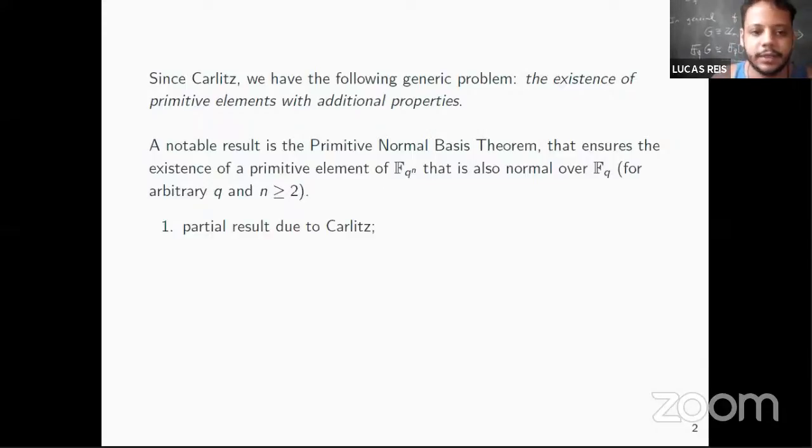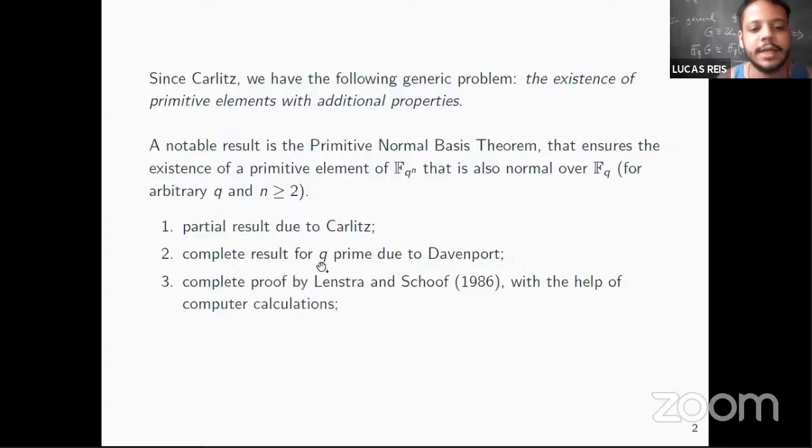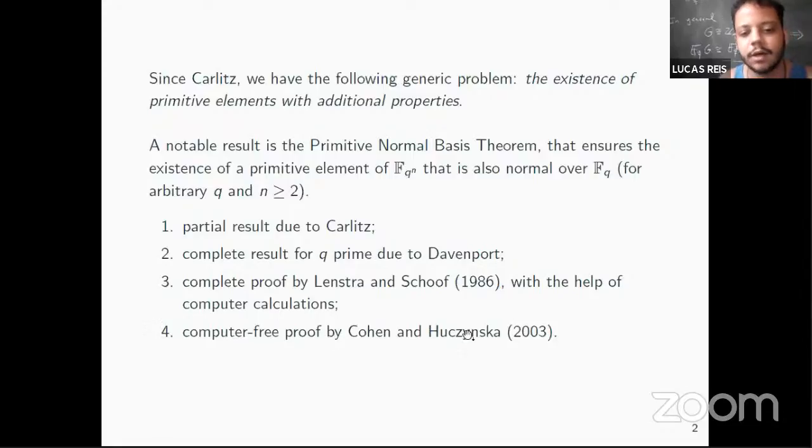There is a partial result of this theorem from Carlitz, and we also have the complete result from Davenport when Q is prime. The complete proof was finally given by Lenstra and Schoof in 1986 with the help of computer calculations. And finally, Cohen and Huczynska in 2003 gave a computer-free proof of the PNBT theorem.